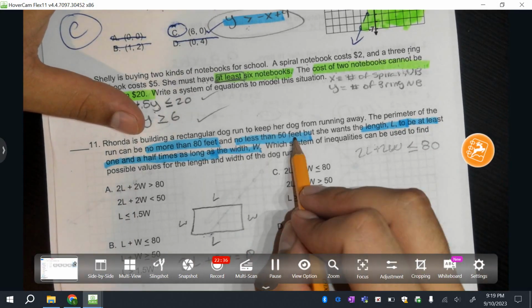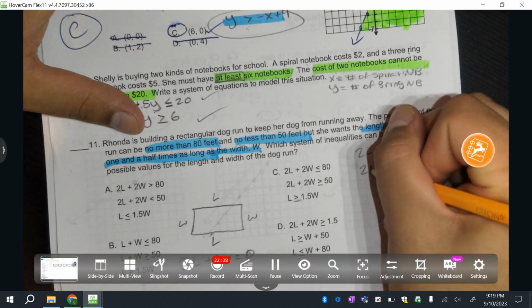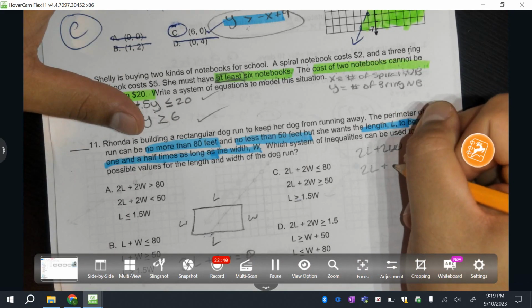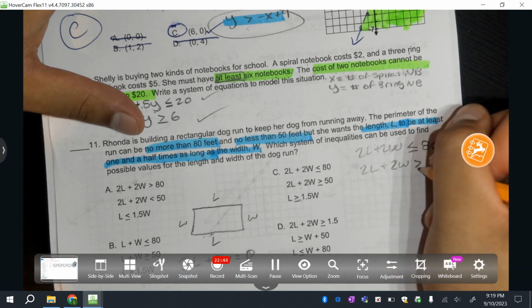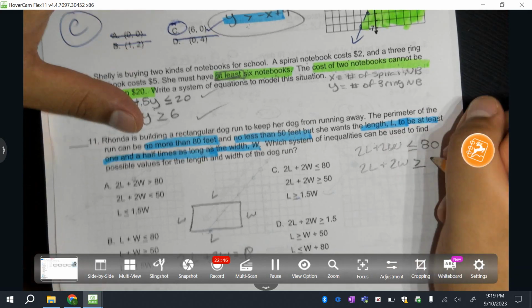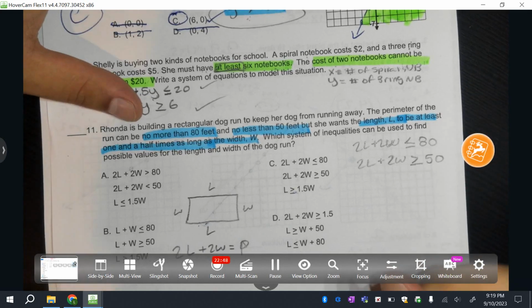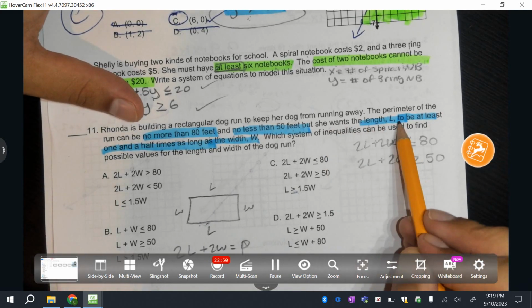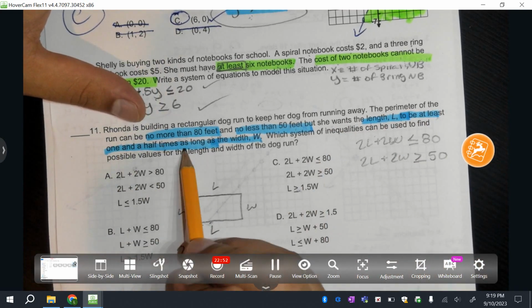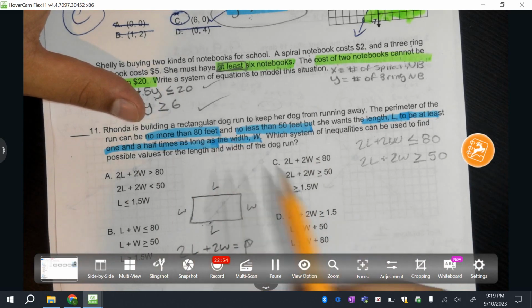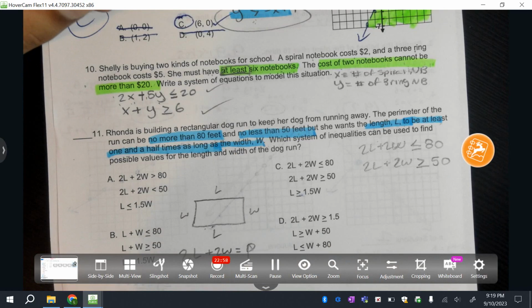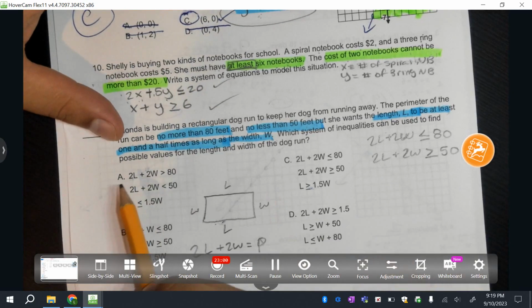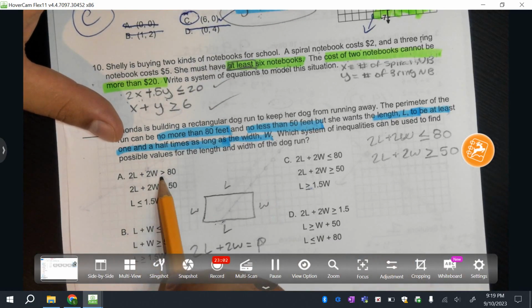No less than 50 feet, so she does not want the perimeter to be less than 50, so the perimeter has to be greater than or equal to 50. And she wants the length to be at least 1.5 times as long as the width. Or here, before we write this one down, let's see what we could eliminate. We look at option A.